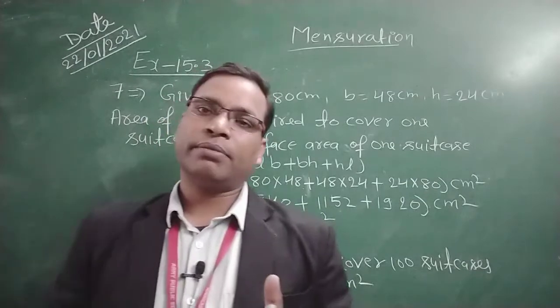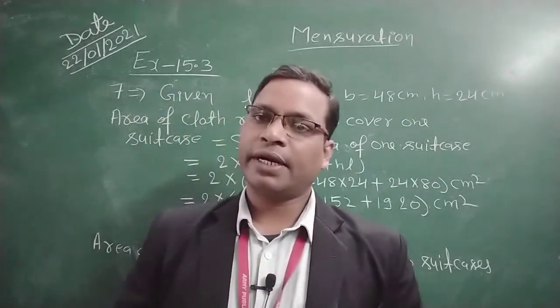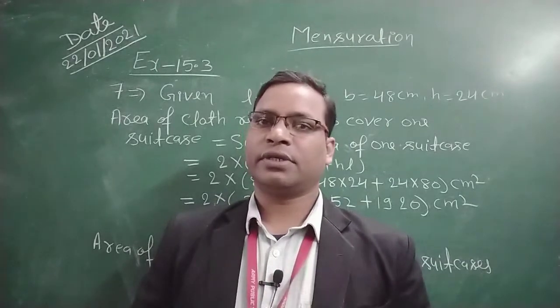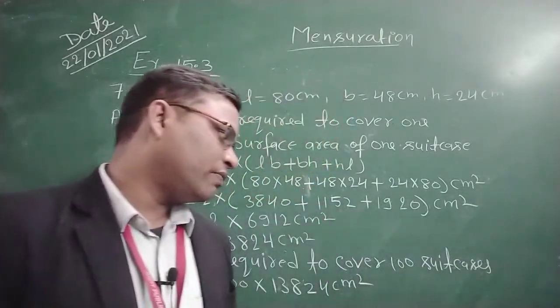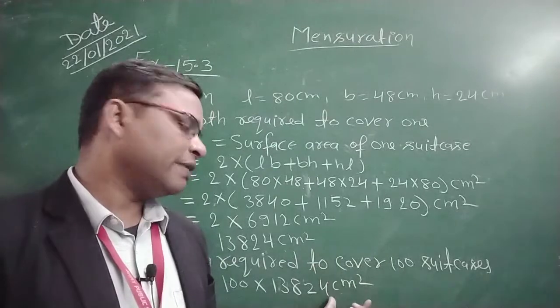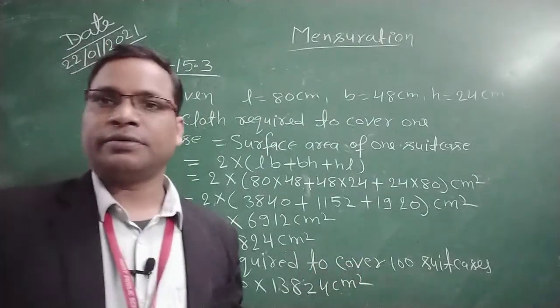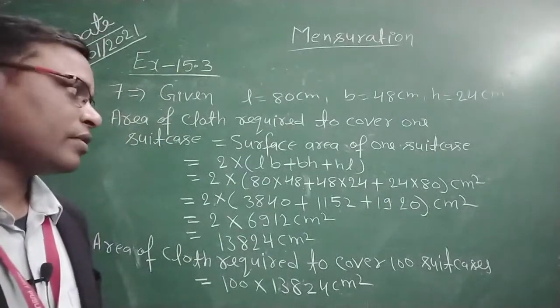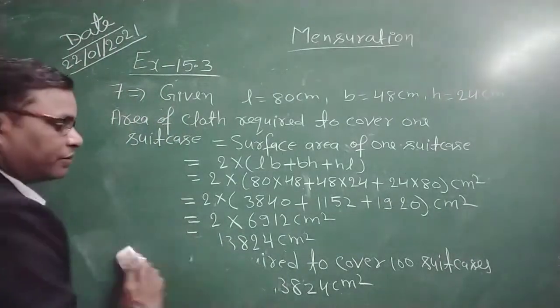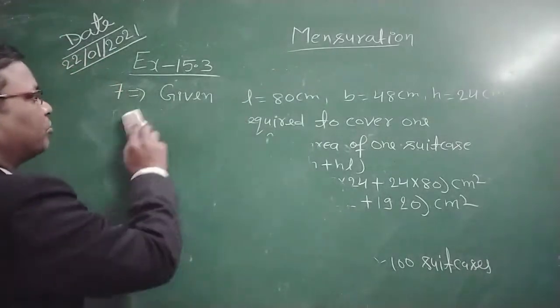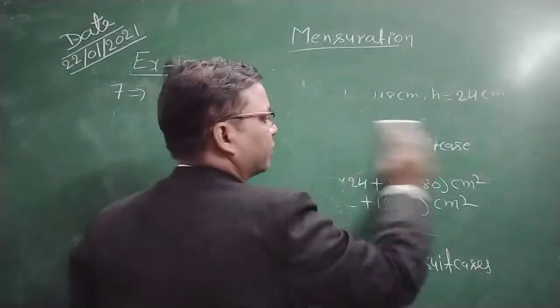If you multiply it by 100, then you find the length of the tarpaulin for 100 suitcases. So first you find the area of one suitcase, after this you find the area of 100 suitcases. Clear? Now let's see how to find the length of the tarpaulin for 100 suitcases.